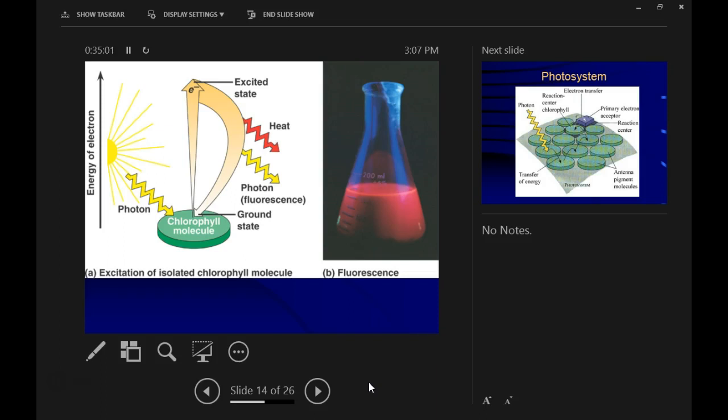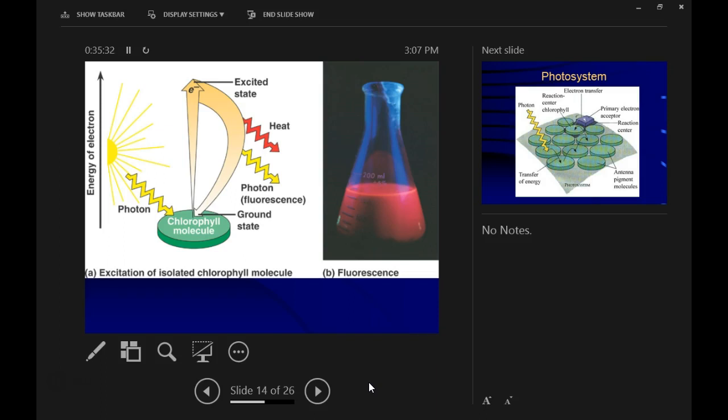What you're seeing is a thing called fluorescence. Fluorescence happens with a lot of substances. When light of a certain wavelength strikes a pigment and causes photoexcitation, and those electrons go to a higher energy level, it turns out that when they drop back down and give off that energy, they give it off as light with a longer wavelength.